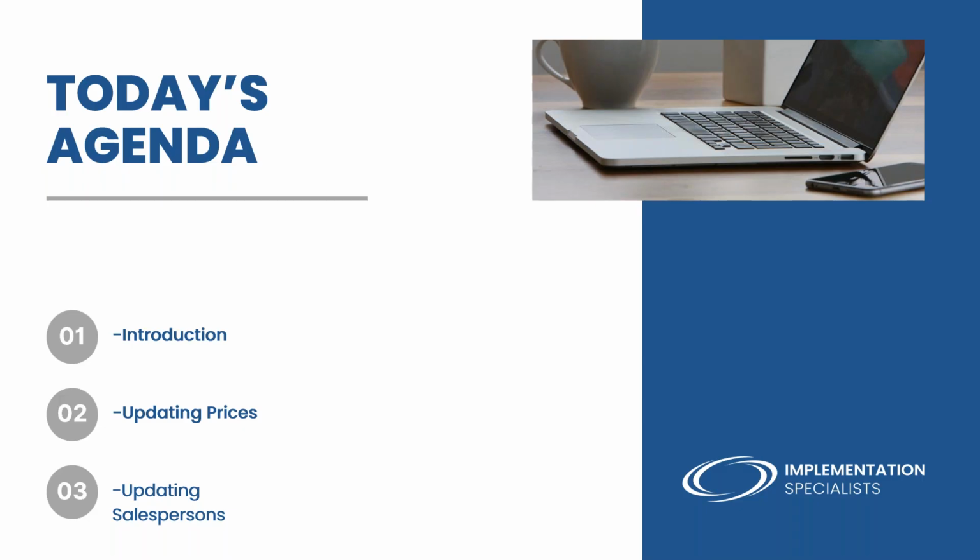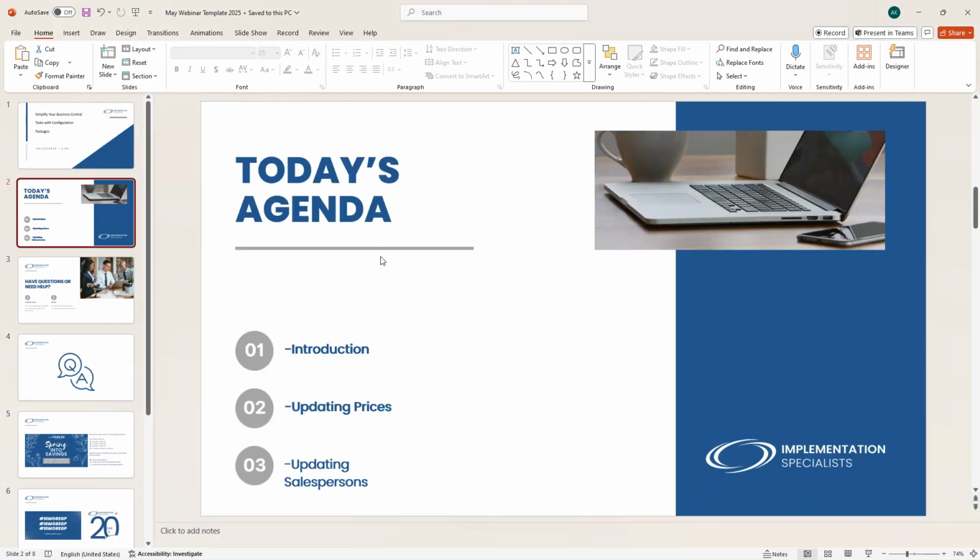For example, in a company, if some of the staff has changed, or some of the customers are assigned to a different salesperson, we'll take a look at how you can quickly change from one salesperson to the other, assigning the same customers to the other salesperson. So we'll take a look at that.